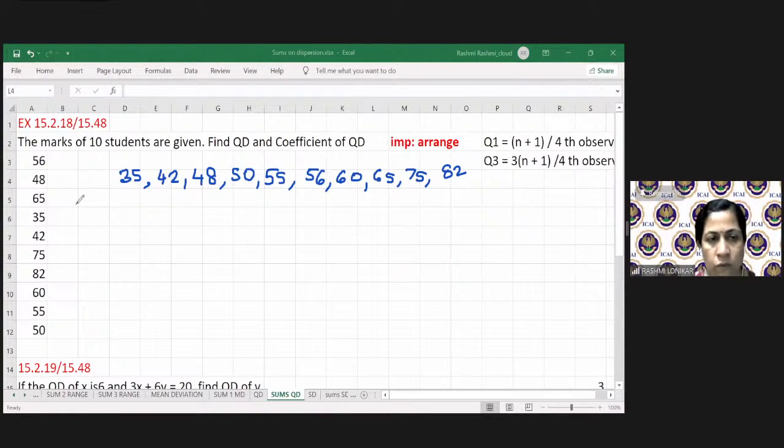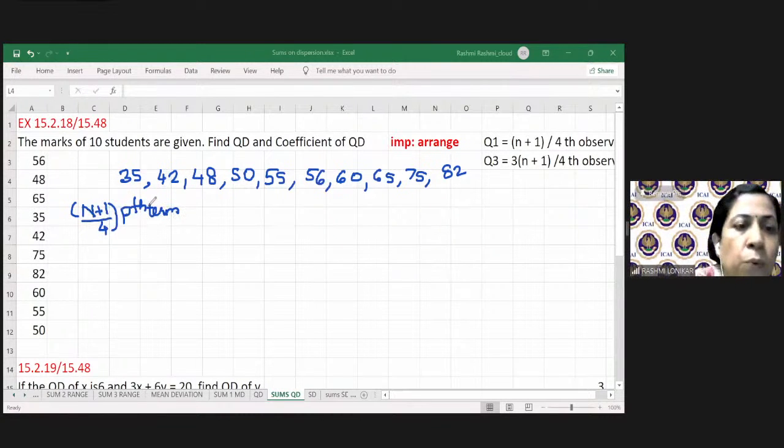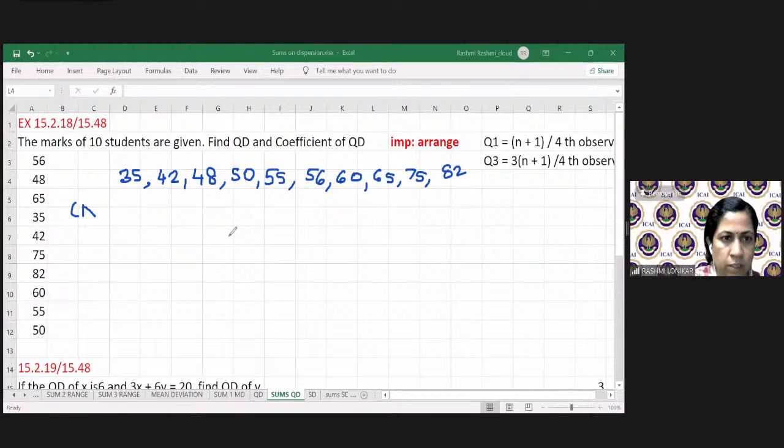Now what do I do for finding Q1? I must have n plus 1 upon 4, pth term. So how much is this? 11 upon 4. थोड़ा नीचे लिखती हूँ तो आपको दिख जाएगा अच्छे से.